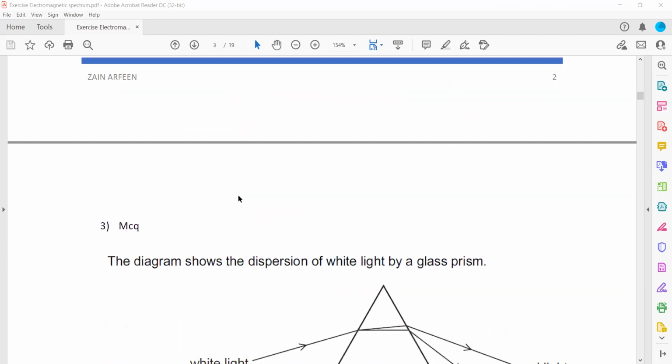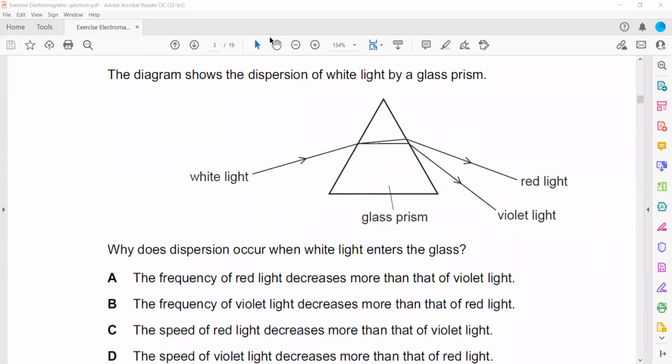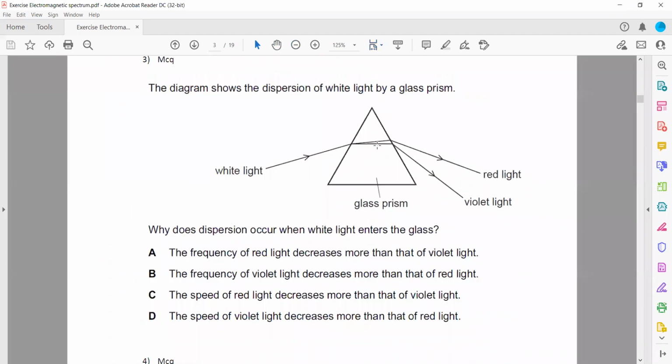So when moving from air to glass, it bends towards the normal, and then moving from glass to air, it bends away from the normal. The diagram represents the dispersion of a white light by a prism. Why does the dispersion occur? What is the reason for a dispersion? Because there is a change in the speed. And for violet, there is a greater change in speed compared to red.